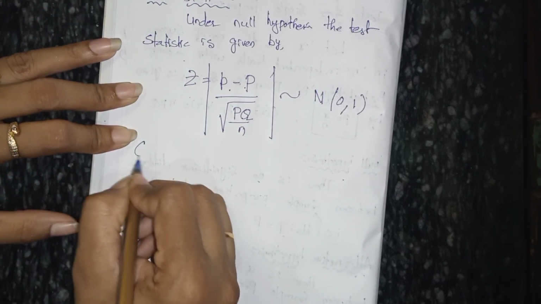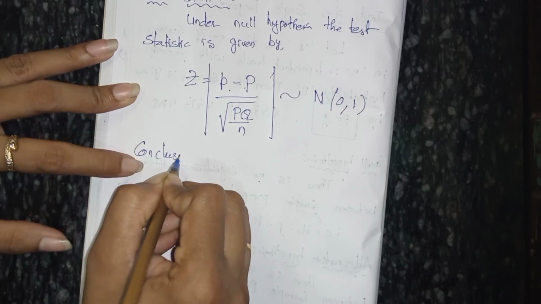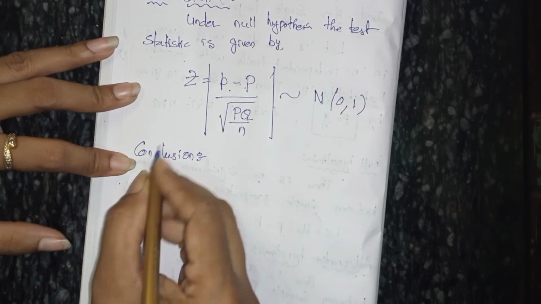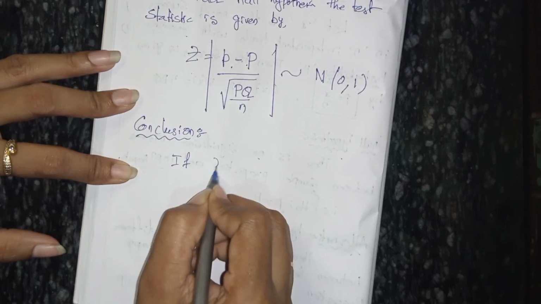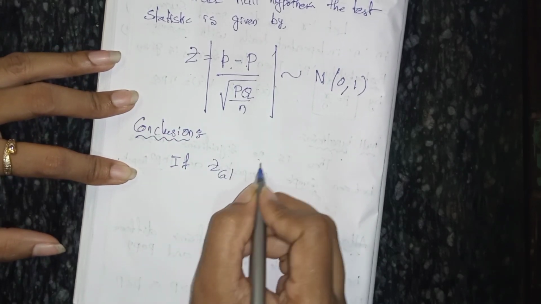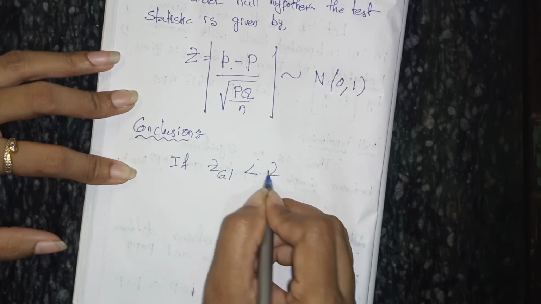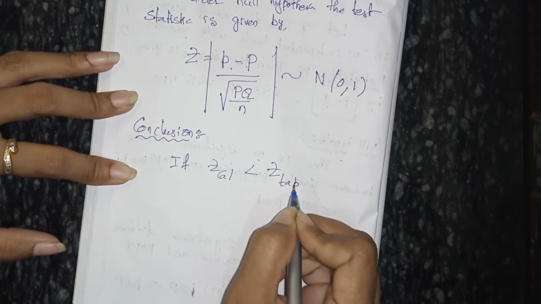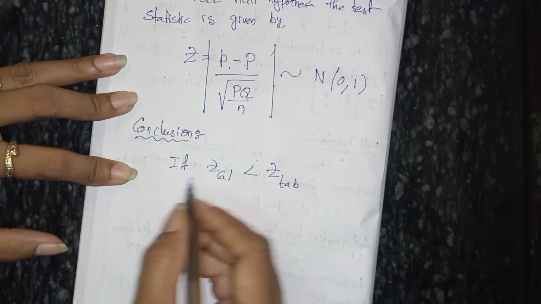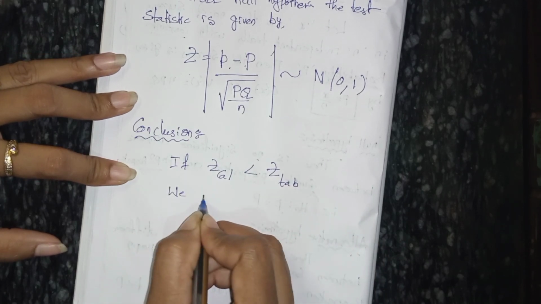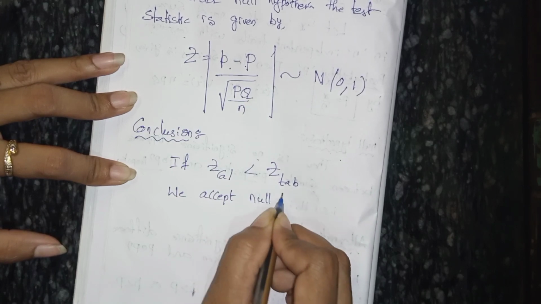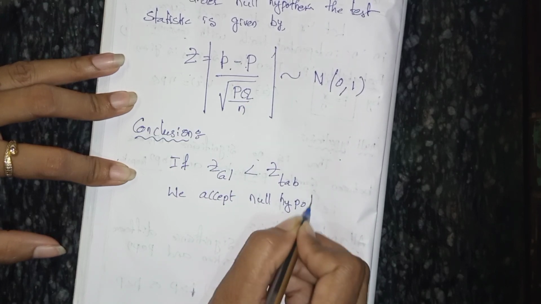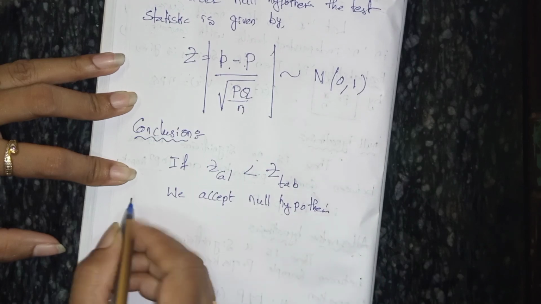Next is the conclusion. If Z calculated value is less than Z table value, we accept the null hypothesis.